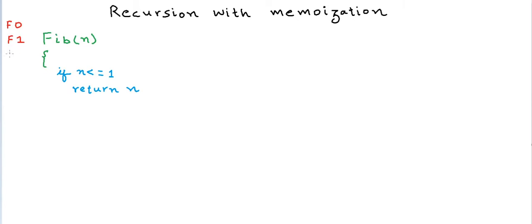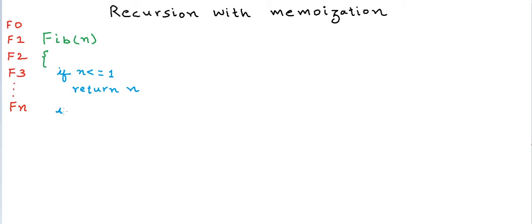So let's say once we find or calculate f2 for the first time, we save it in the memory so that I do not recalculate it again. Similarly, for any f n like f3, f4 and so on, once I calculate it for the first time, I will save it in the memory.